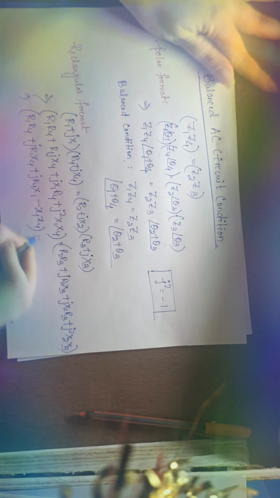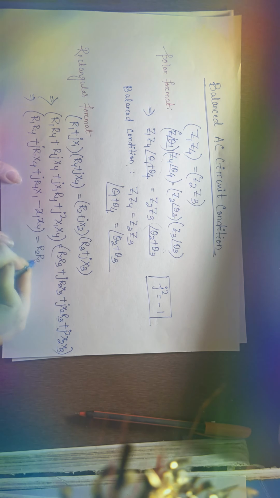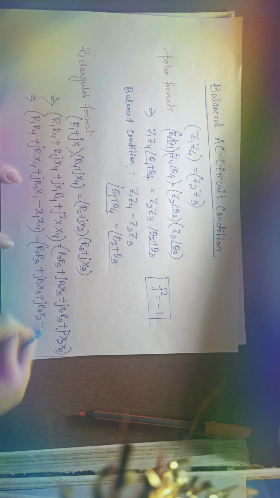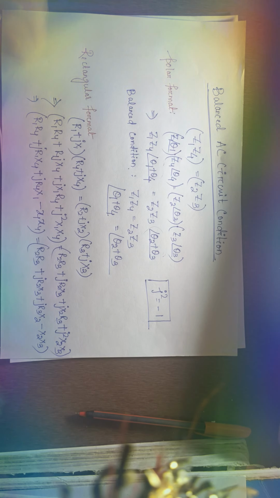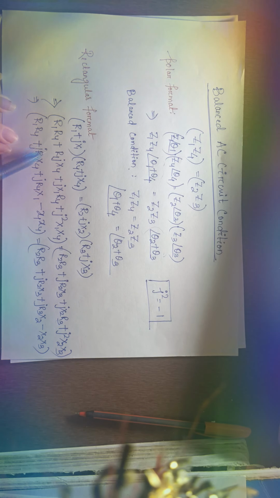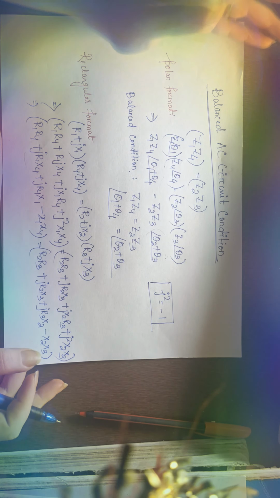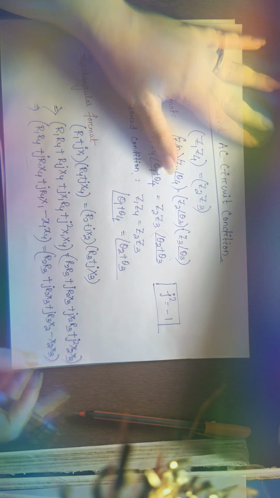Similarly, this side will be R2 into R3 plus J R2 X3 plus J R3 X2 minus X2 into X3. Now separate out the terms with J, called imaginary terms, and the terms without J, called real terms. We need to now separate the real and imaginary terms.